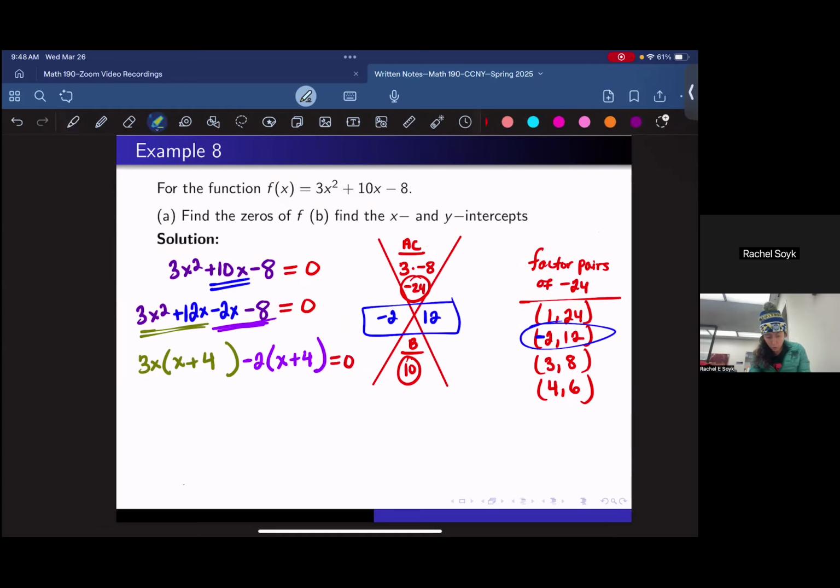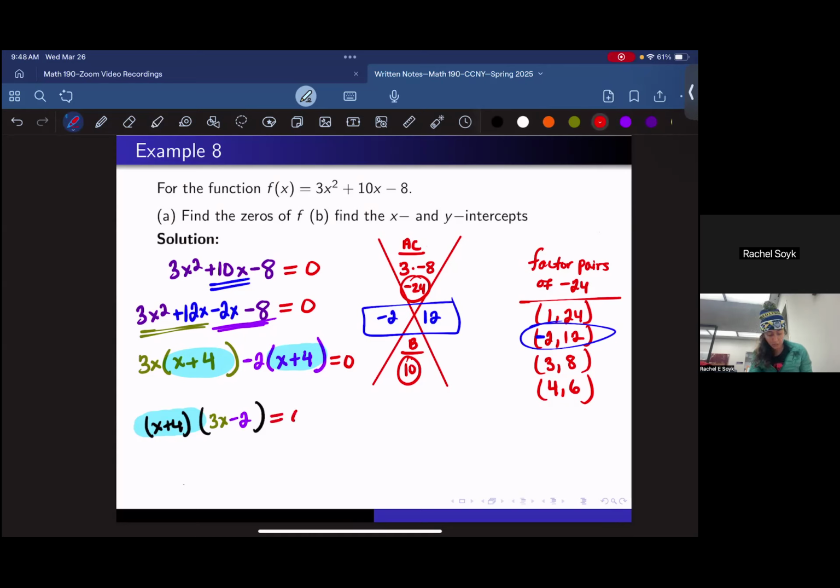If we did this correctly, what we have in parentheses should be exactly the same, which it is. And so we're going to pull out that x plus 4. And then we're left with 3x minus 2. And once again, this is all set equal to 0.